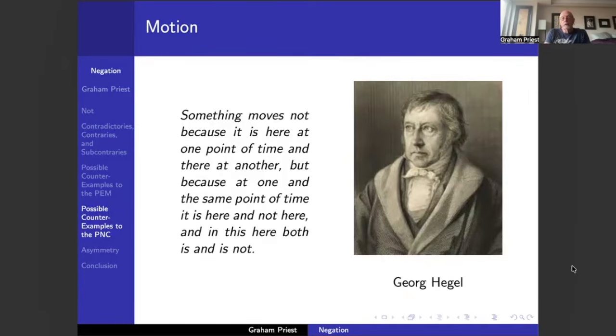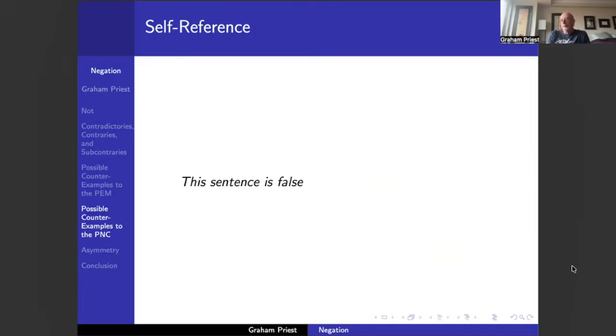Okay, that's two examples. Here's a third. Oh, we've just seen this, haven't we? This sentence is false. We've got the liar sentence back again. And as we noted, a number of philosophers thought that this sentence was neither true nor false. But some philosophers have thought that it's both true and false.